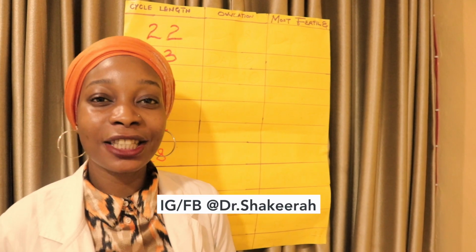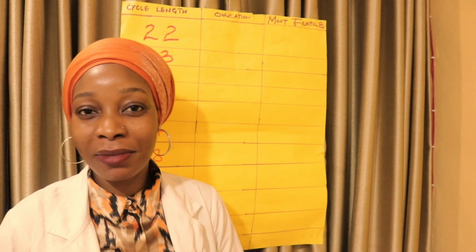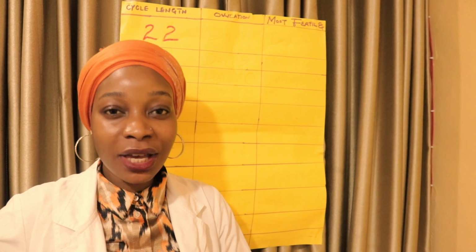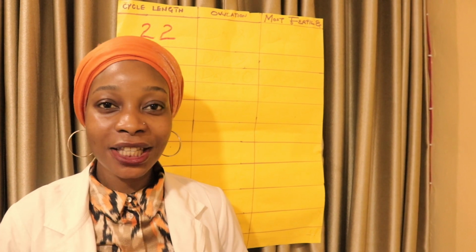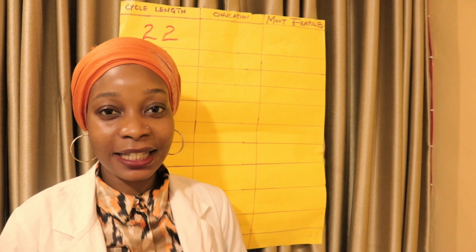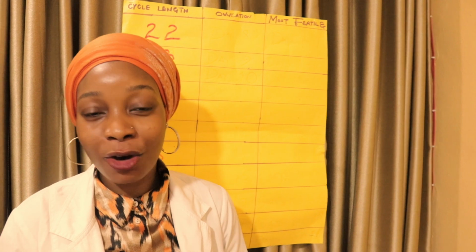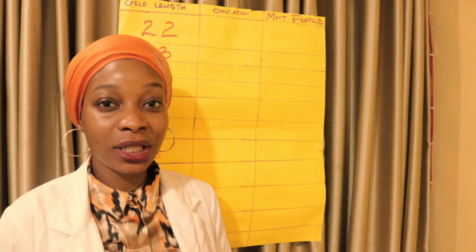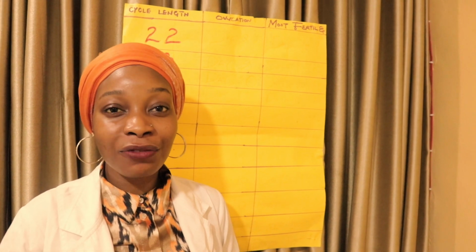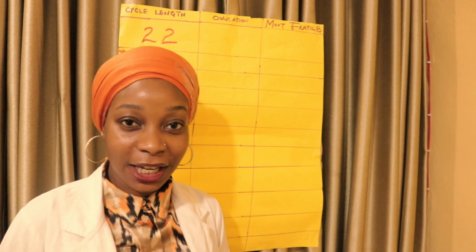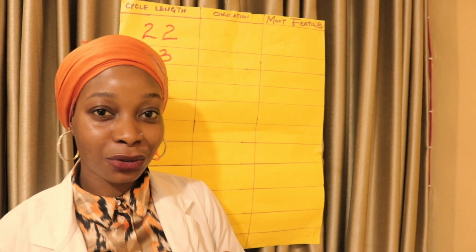Your ovulation is just halfway into your menstrual cycle. Let's say 2 weeks before your next period, that is your ovulation. So if the normal menstrual cycle length is 21 to 32 days, and you have a 22 days menstrual cycle, when is your ovulation going to be?